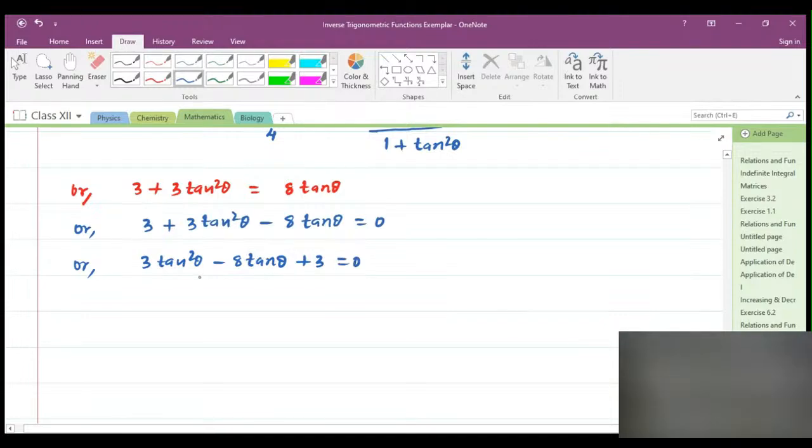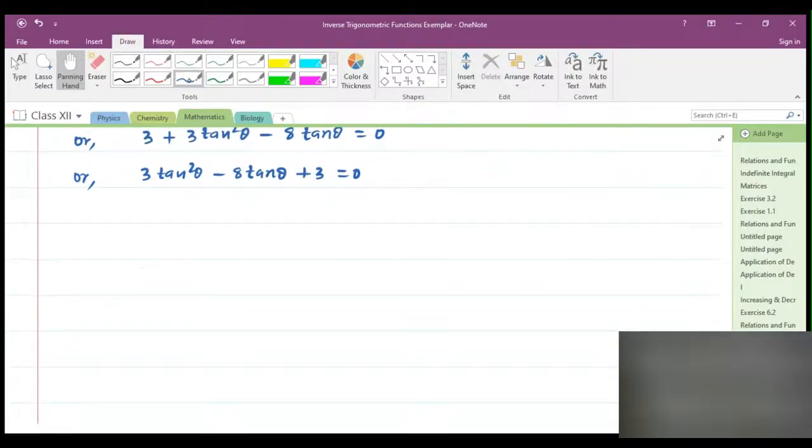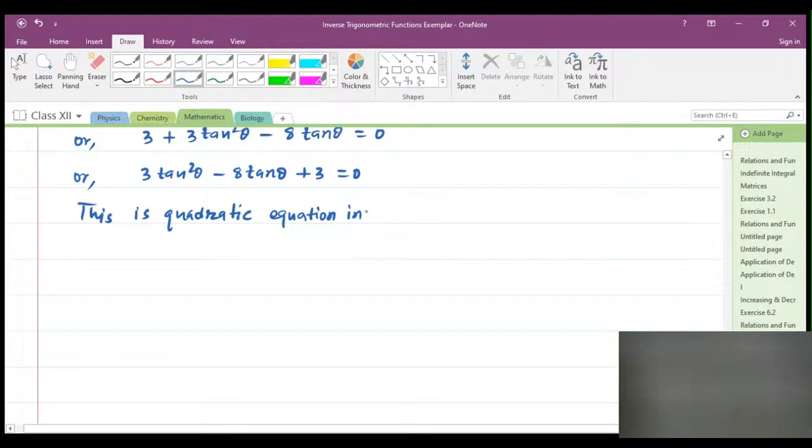So this is a quadratic equation in tan theta.